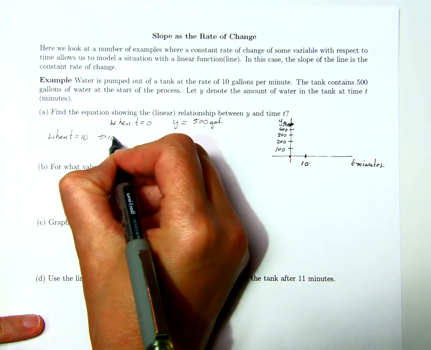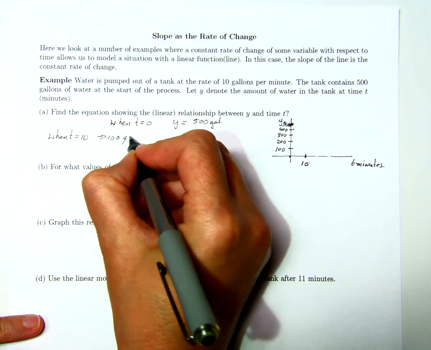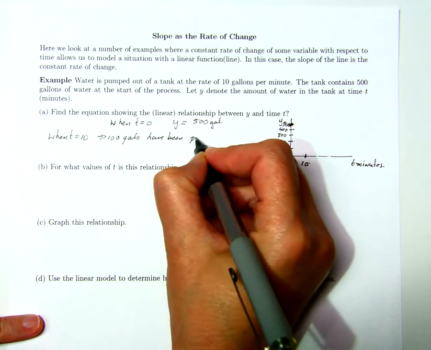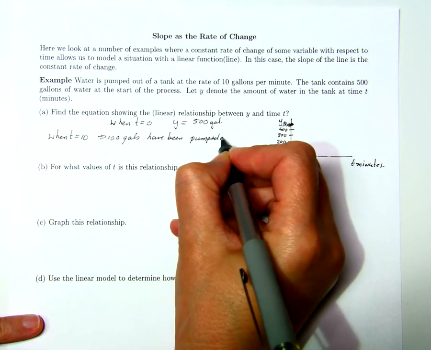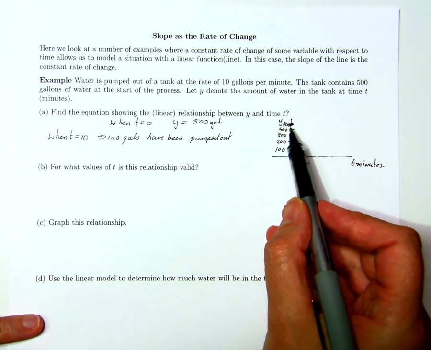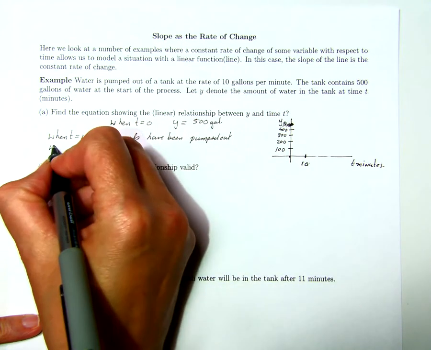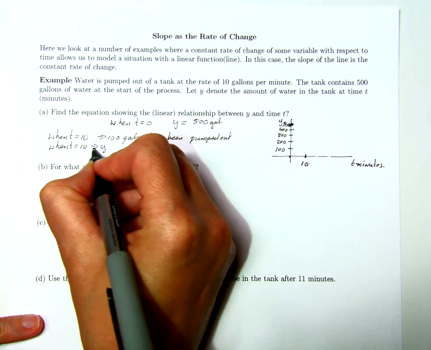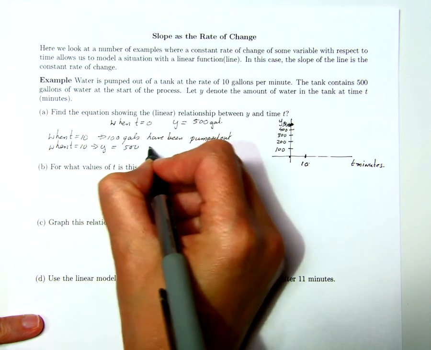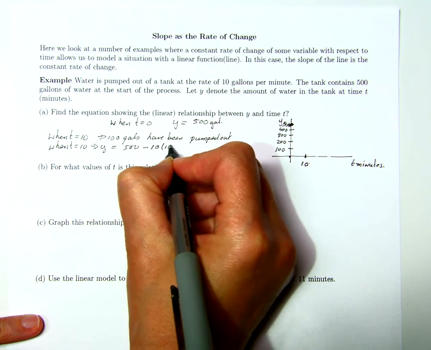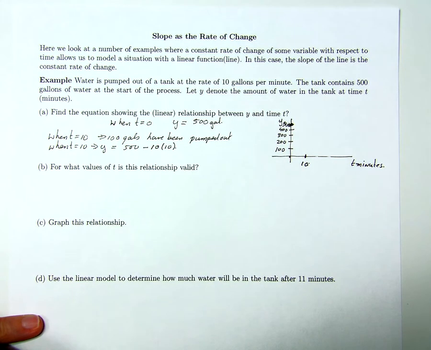So 100 gallons, or 10 times t, have been pumped out. Now remember, y is the number of gallons in the tank at time t. So when t is 10, y is equal to the original amount, 500, minus 10 times 10, or minus the 100 gallons that have been pumped out.